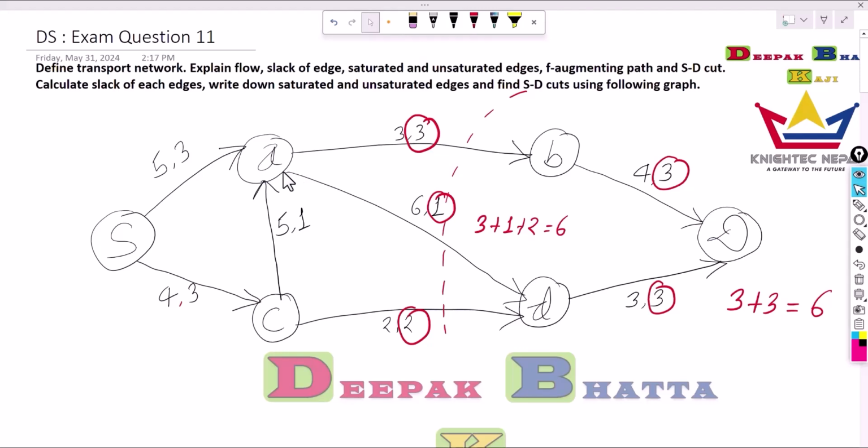So for the S to D cut, cut in between, separating one part as the source part and another as the destination part. So cut like this, write the flow values, that is 3, 1, 2, and add them, and you will get the value 6, and this is your answer.